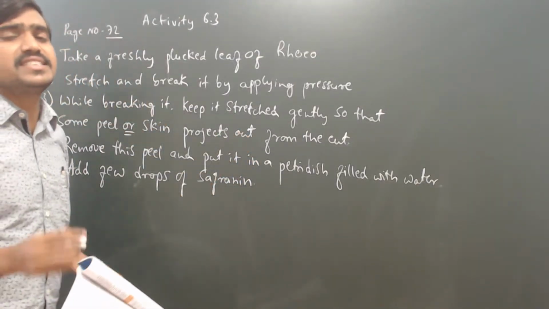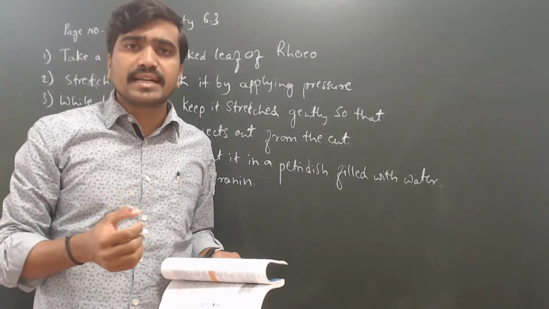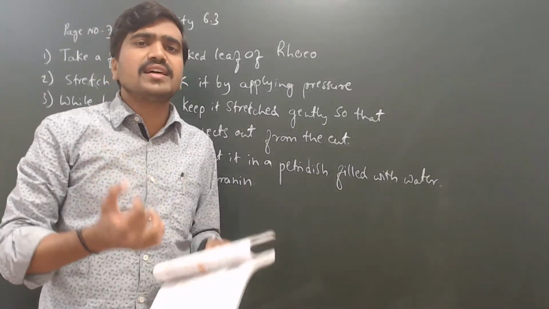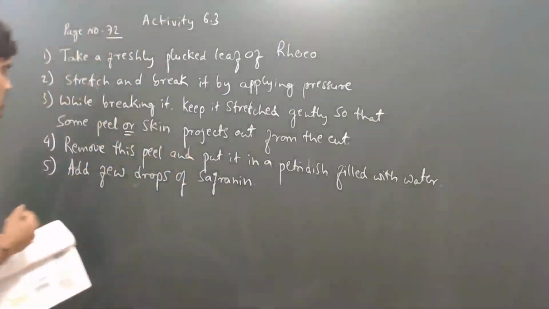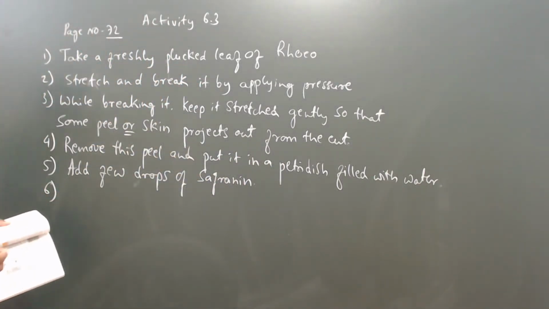See, this safranin is there in red color. It is a chemical agent that easily helps to identify the cell when you are seeing under the microscope. I will tell about that next. See the next point.